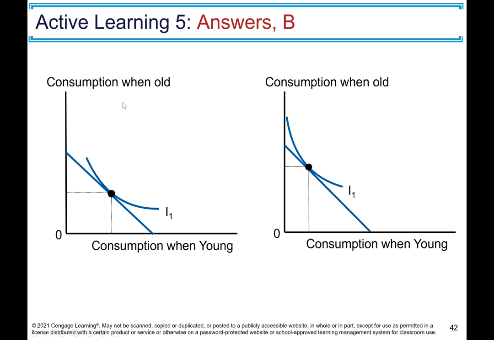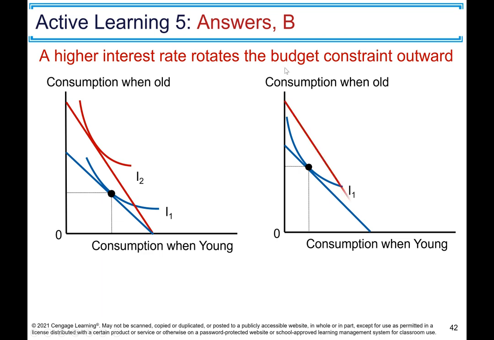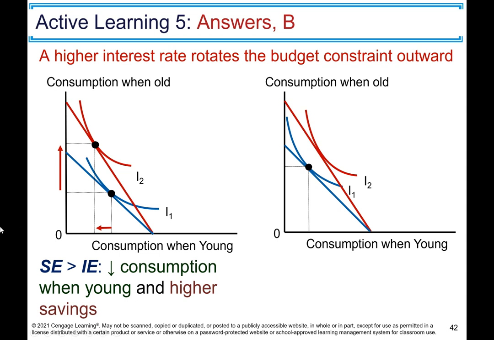Graphically explained, the first graph shows consumption when young and consumption when old. A higher interest rate rotates the budget constraint outward. This is a case where the substitution effect dominates the income effect.